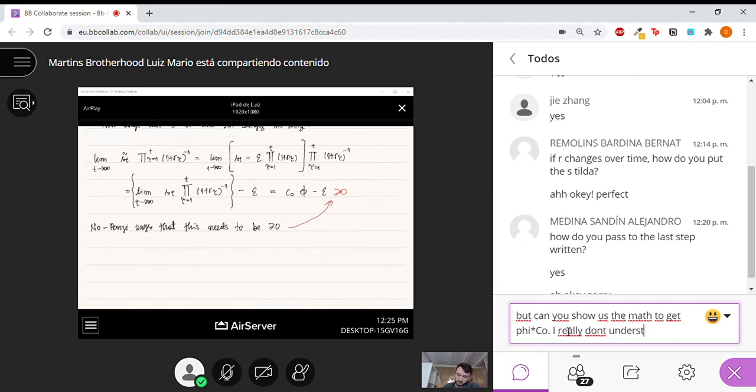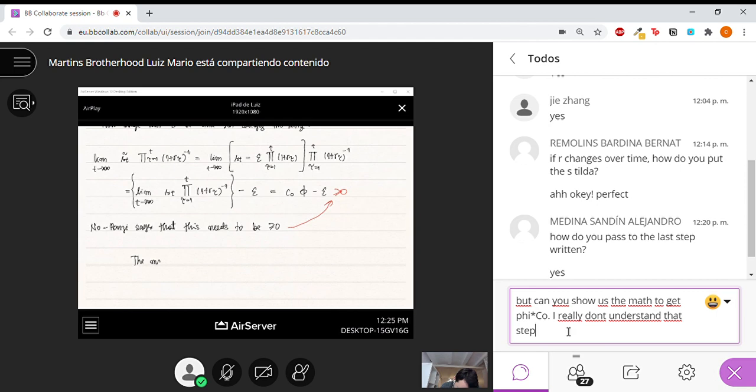And then the maximum epsilon we can have is C0 times phi. Okay, so this is the answer to the second part.